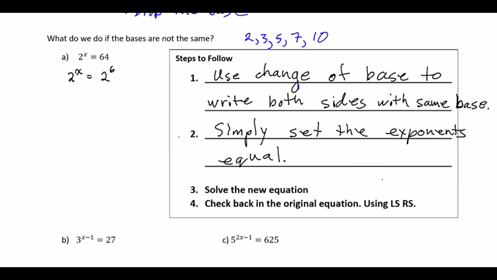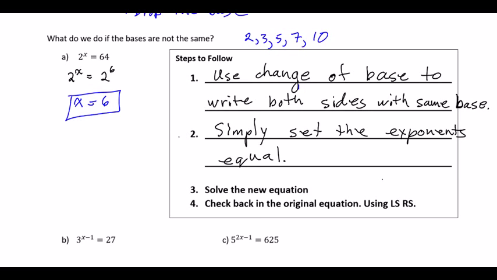That was part 1. Now that we have the bases equal and nothing is impeding our progress, we can drop the base, i.e. x is equal to 6. And there is our final answer.